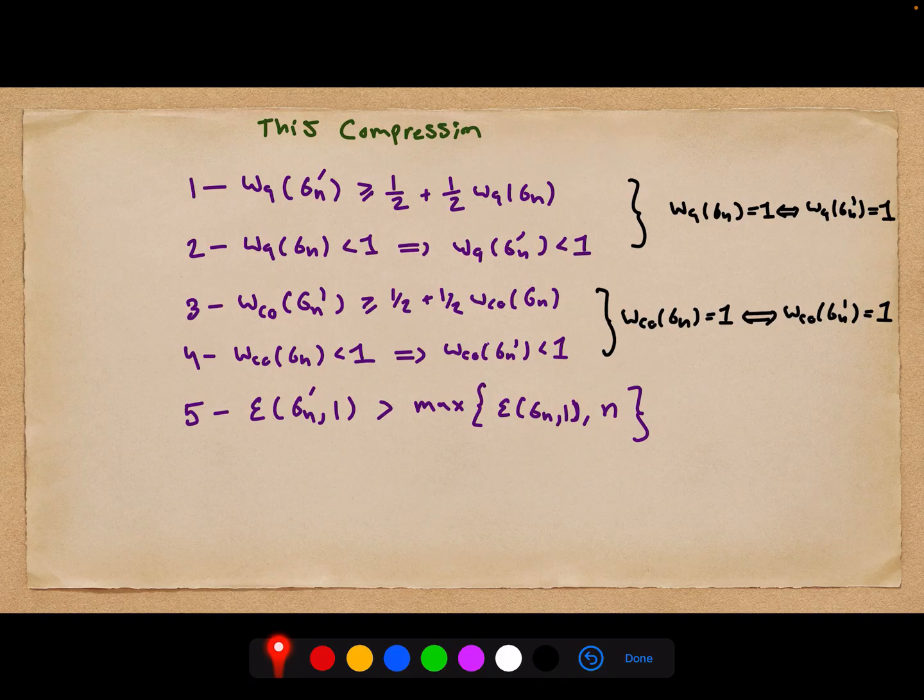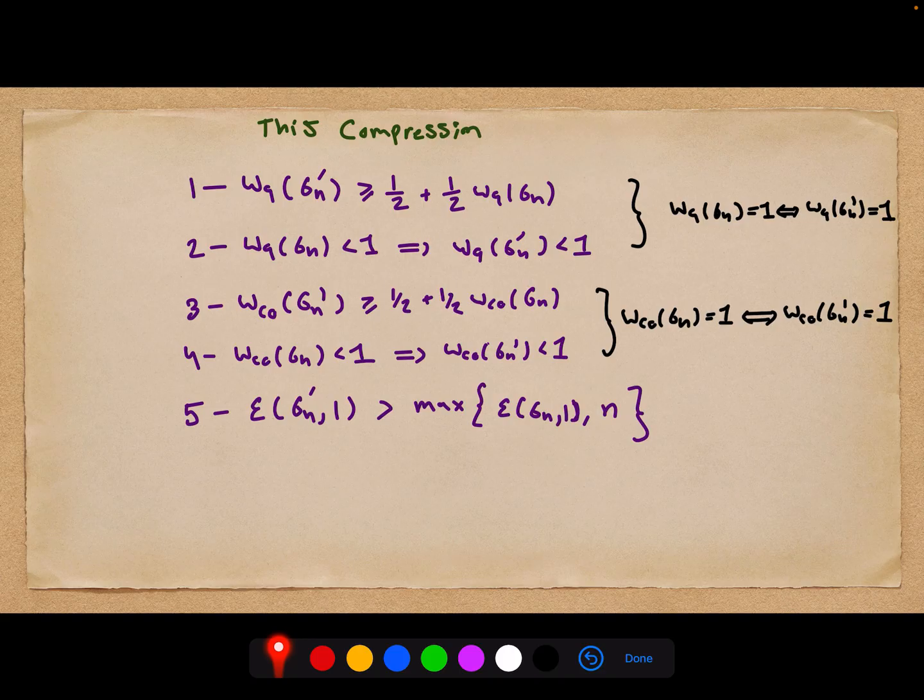Now, in order to apply this to obtain our hardness results, we first prove something called supercompression. Now, in compression, we take a uniform family of games and produce a new family of games where the individual games in this new compressed family are exponentially more efficient than the original.